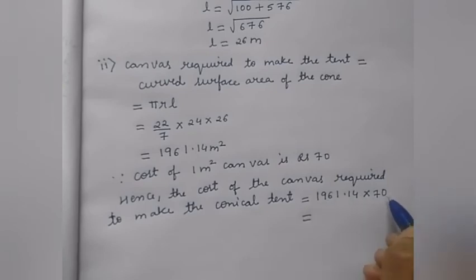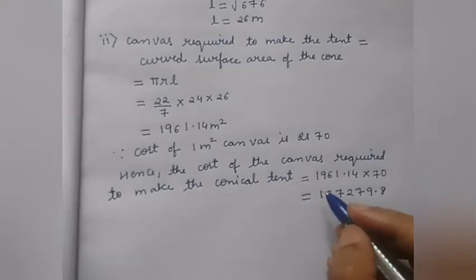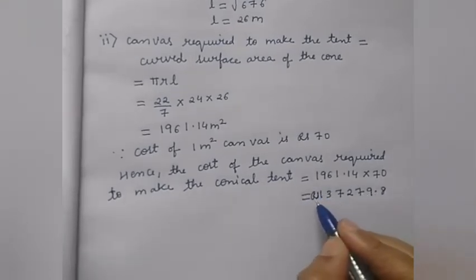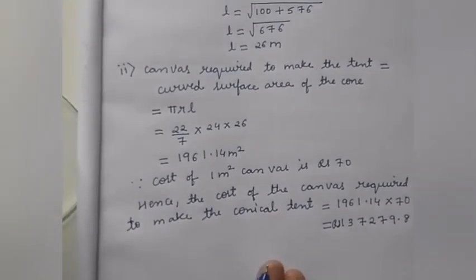If we multiply it, it will be equal to 1,37,279.8 rupees. So 1,37,279.8 is the amount required in making the tent, and that is the answer.